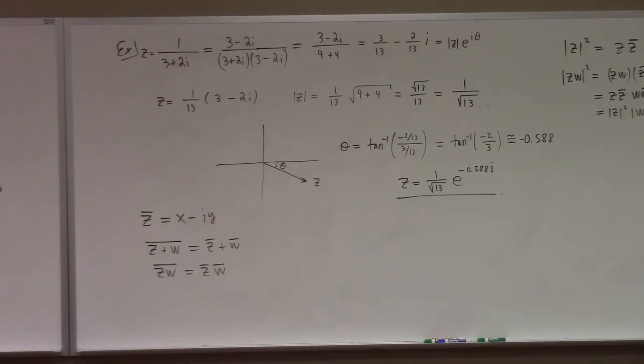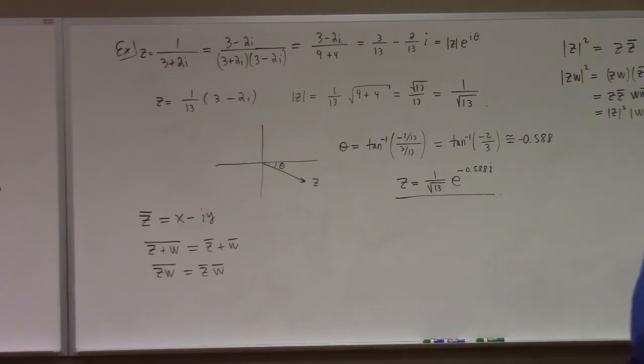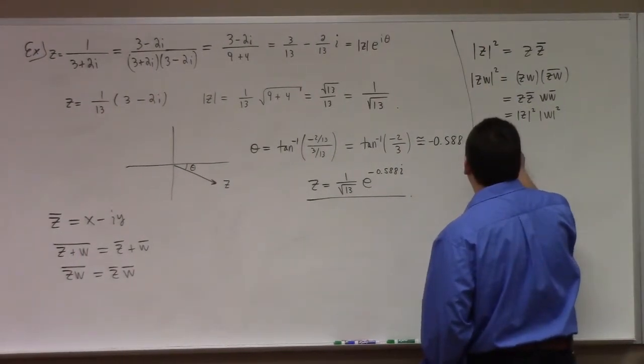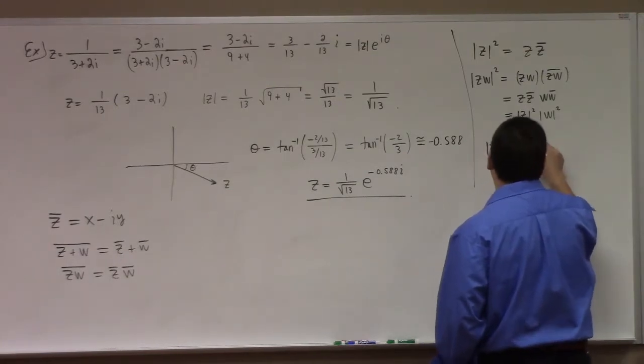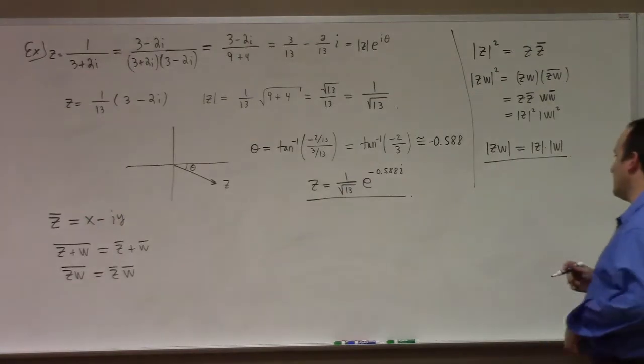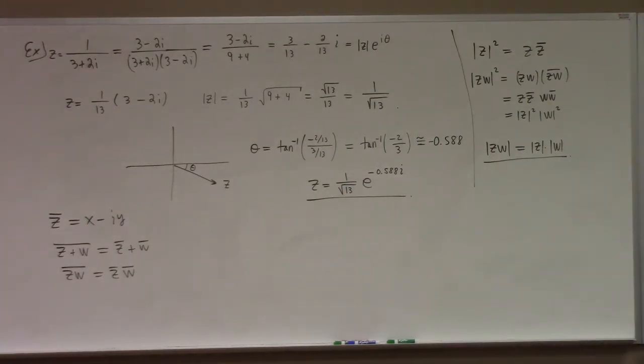But being that the modulus is non-negative, we can take the square root of that and get the multiplicativity of the absolute value, or the modulus. So modulus of zw is modulus of z times modulus of w, right? This is very special to complex numbers. In other algebras, you can't do this.